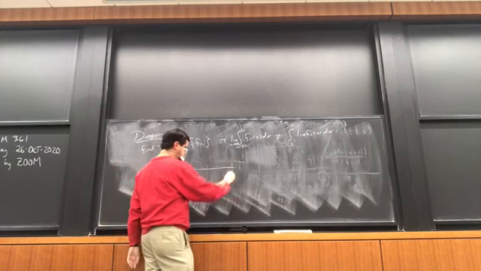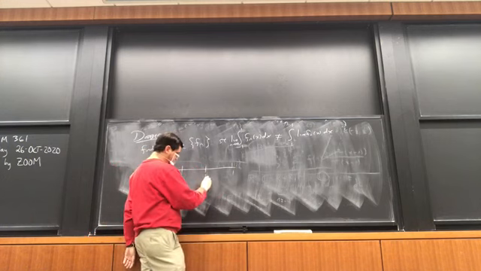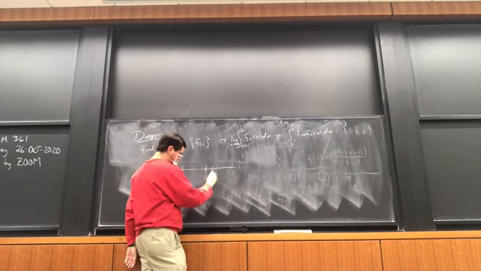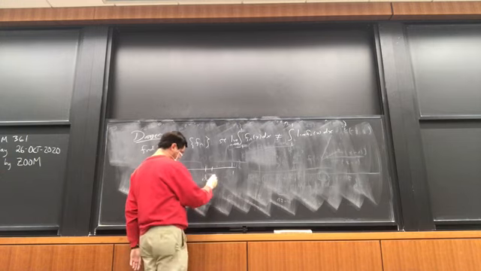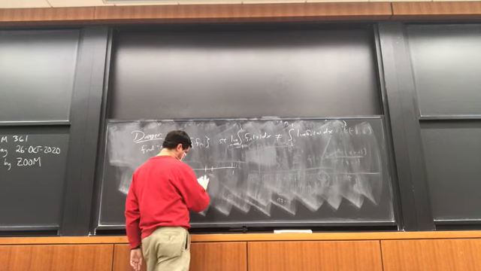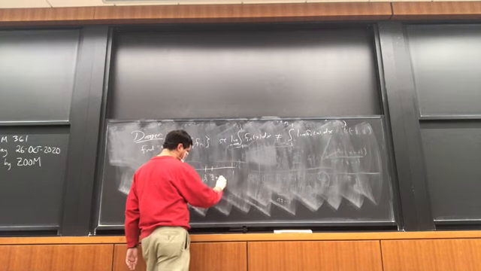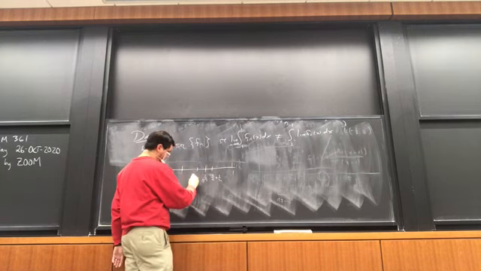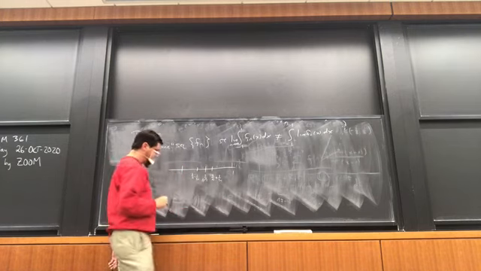So here's 1. Here is 1 over n. Here's let's do 1 over 2n. And then we'll do 1 over n, 1 over n plus 1 over 2n, and 1 over n minus 1 over 2n.